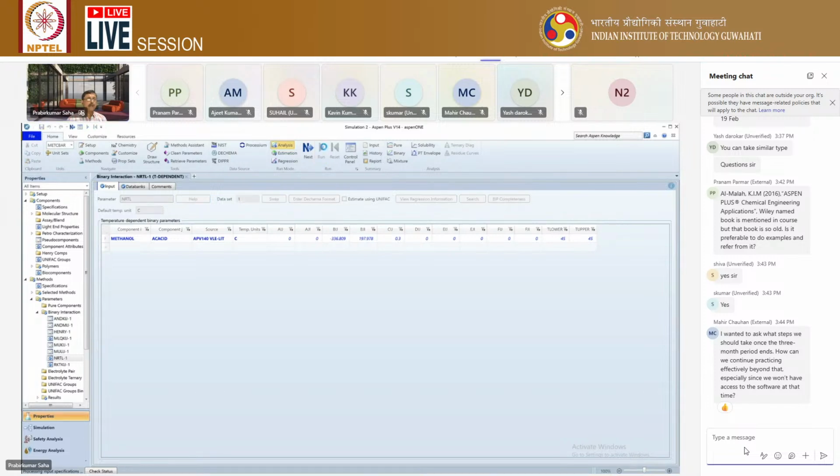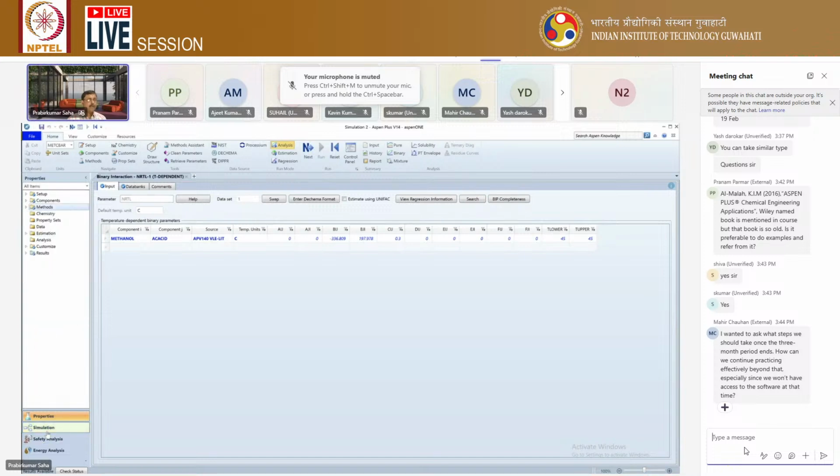Run. Okay, so results are available. Now go to the outlet, and this is liquid outlet. And feed, let us take input, which is 25, 1 bar pressure, molar flow, say 1 and 1.